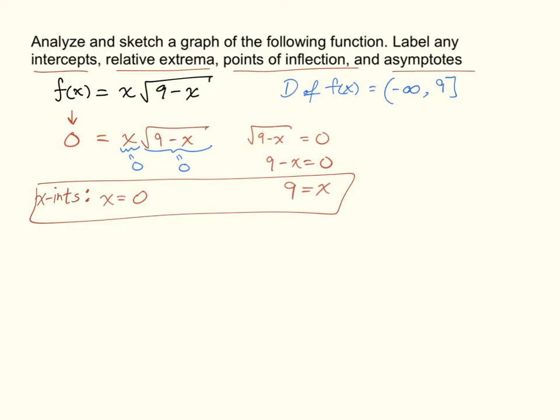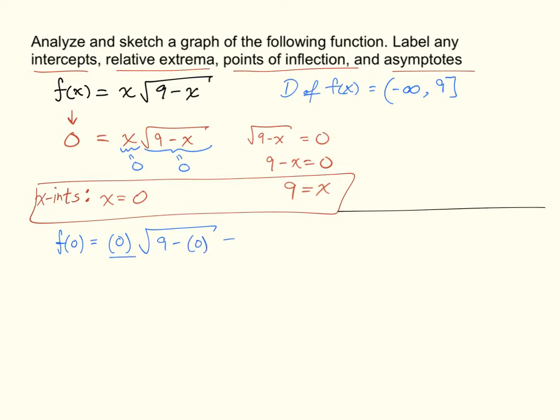The next intercept I would like to find is the y-intercept, and I'm going to do that in blue. And the y-intercept is when you substitute 0 in for x and simplify. So that's 0 times the square root of 9 minus 0.